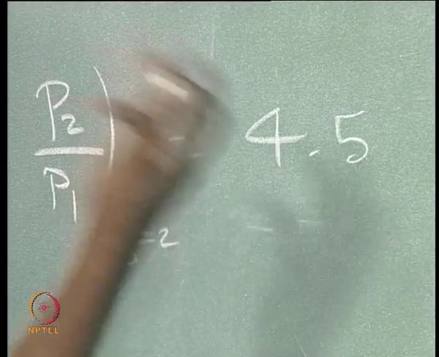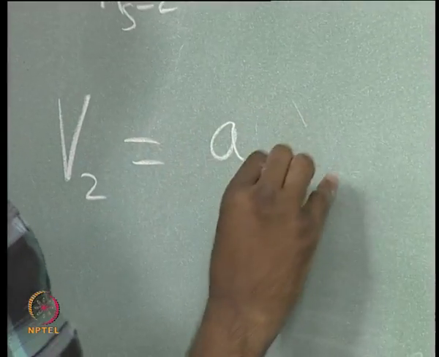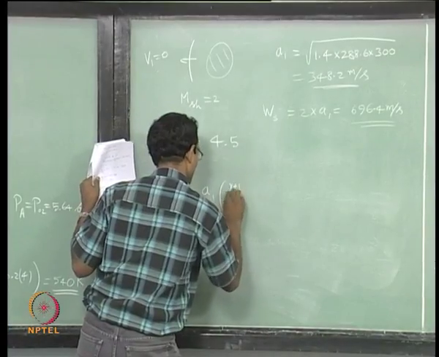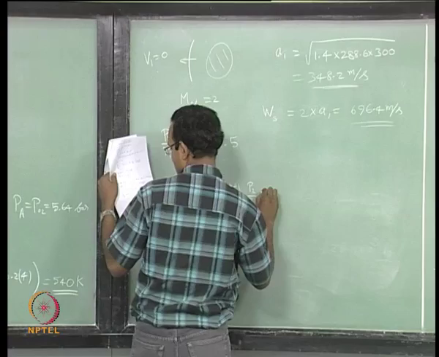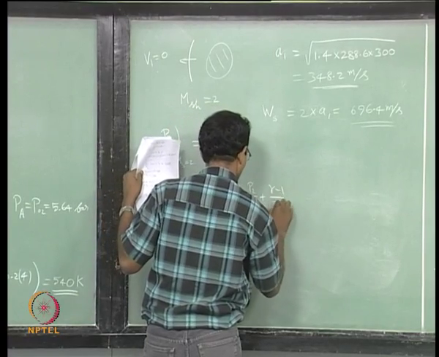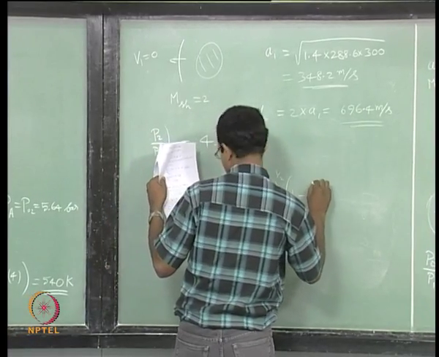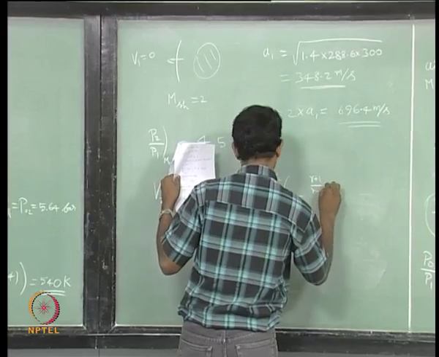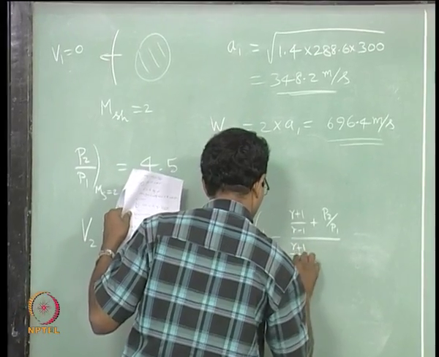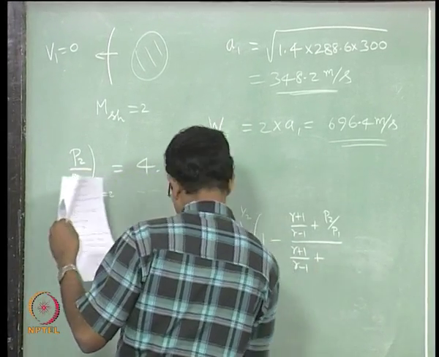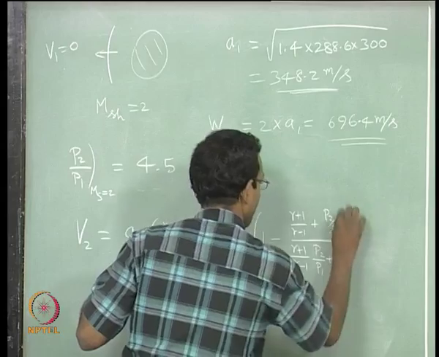Now, I will use this number in my V2 formula in my shock calculations. If I use that, it is A1 into gamma plus 1 by 2 gamma P2 by P1 plus gamma minus 1 by 2 gamma, to the power half, into 1 minus gamma plus 1 by gamma minus 1 plus P2 by P1, gamma plus 1 by gamma minus 1, I think that is multiplied by P2 by P1 plus 1.